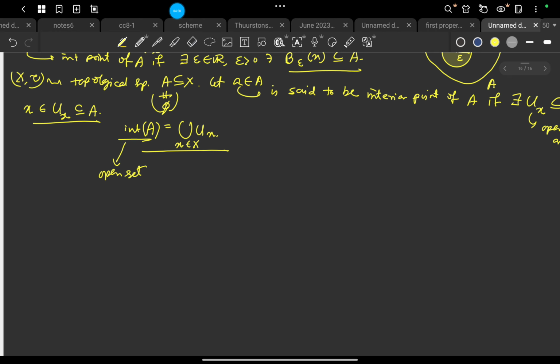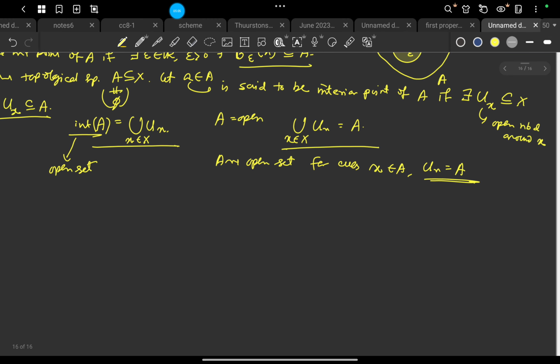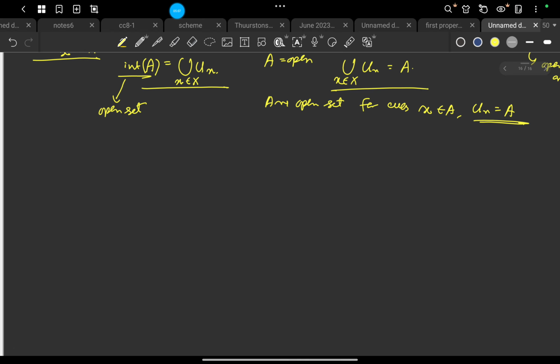So once we have A is an open set, the entire union of U_x will be the same as A itself. In fact, when A is an open set, then for every x belongs to A, we can choose U_x to be A itself.